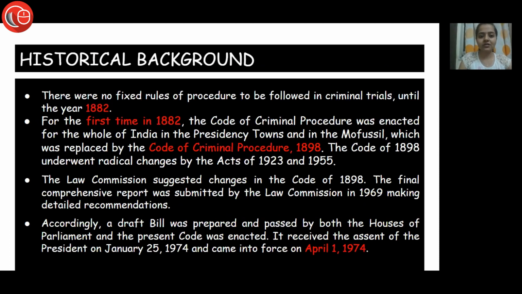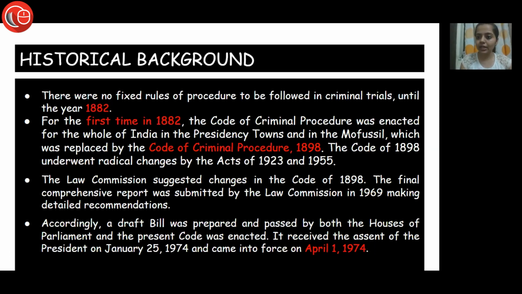As we all know, it is a well-known fact that earlier, the only person who used to give commands, who used to decide the rules of procedure, who used to give punishments, or who used to decide how a proceeding should be conducted, how a trial should be proceeded with, what should be the deciding factor for deciding the guilt of an accused, was the king. The king was always the person who was supposed to be always right, right? So there were no fixed rules of procedure to be followed in criminal trials until the year 1882.